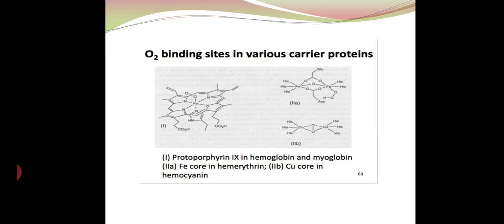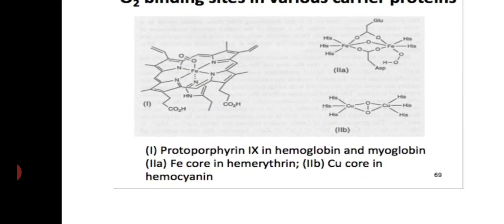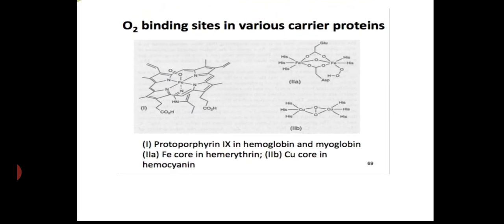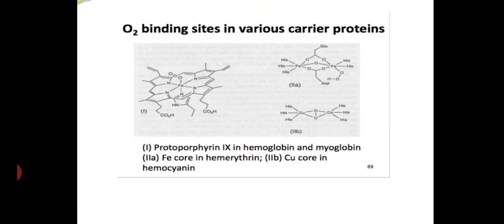Now the oxygen binding site in various carrier proteins. The first figure illustrates protoporphyrin 9 in hemoglobin and myoglobin. This is the molecular structure of the respiratory pigments hemoglobin and myoglobin.